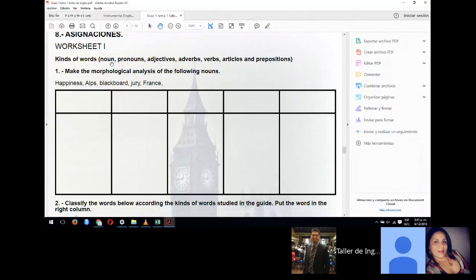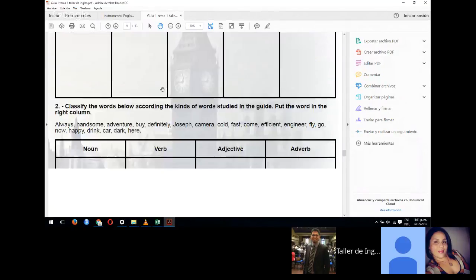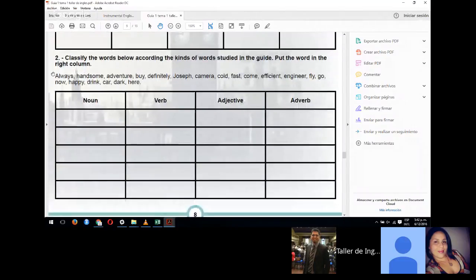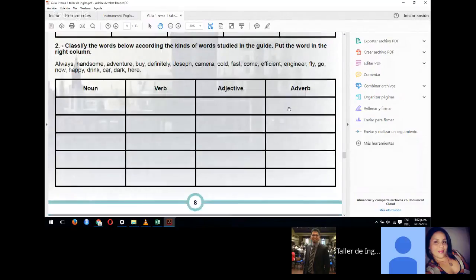You have to do the morphological analysis of these 5 words. The second, you have to classify all of these words, if it is a noun, a verb, an adjective, or an adverb.